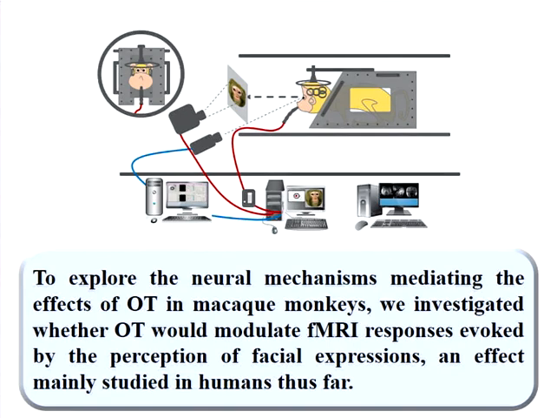So here, we used fMRI in awake and behaving monkeys and investigated whether oxytocin modulates fMRI responses evoked by the perception of facial expression. The perception of facial expression is a major effect that has been studied in humans in the oxytocin field.